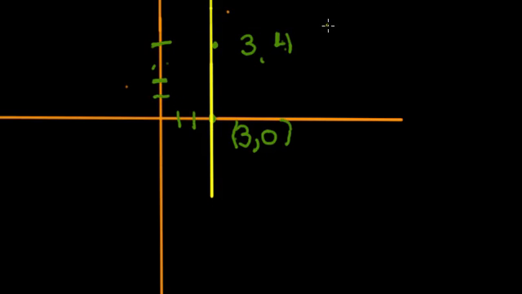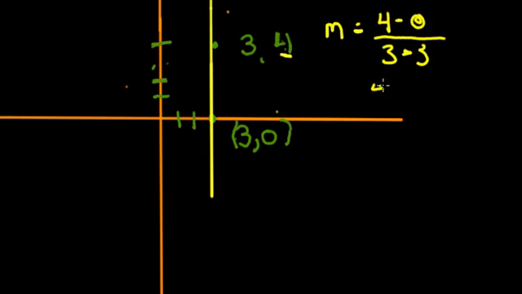So my slope, m, is equal to my difference in my y values, so 4 minus 0, subtracting these two, over the difference in my x values, 3 minus 3. This gives me 4 divided by 0.